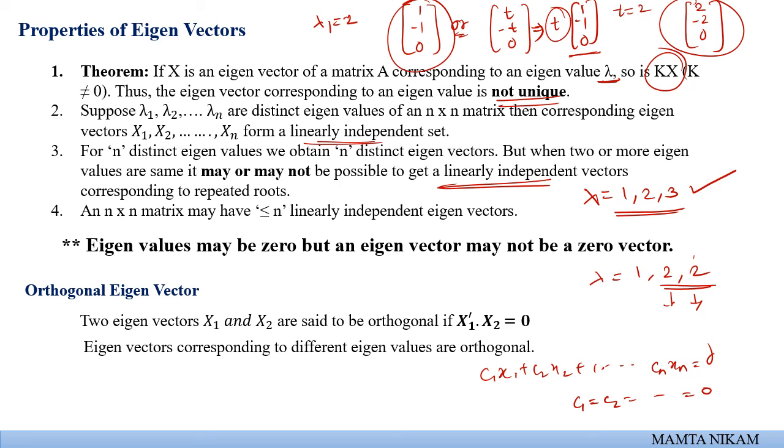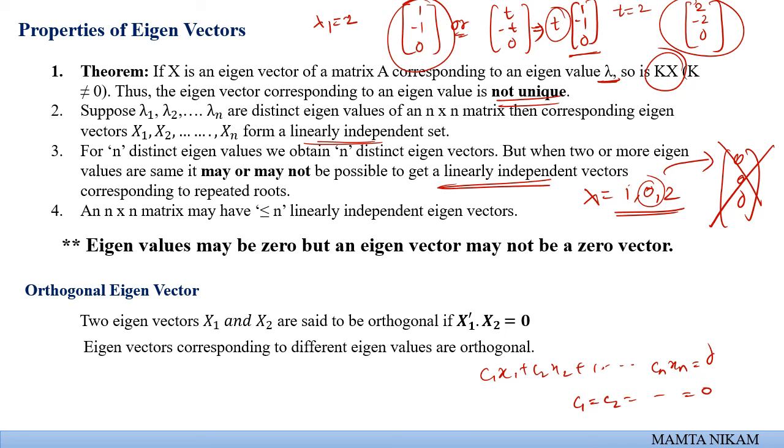Okay, main one of the property, remember, eigenvalue can be 0 but eigenvector may not be 0. मतलब एक आइगन वैल्यू तुम्हें अगर फाइंड आउट करोगे तो 1 0 2 ऐसे आइगन वैल्यूज मिल सकते हैं, बट 0 आइगन वैल्यू मिल गया इसका मतलब ये नहीं कि जो वेक्टर मिल रहा है वो आइगन वेक्टर 0 0 0 ऐसे मिलेगा, कभी नहीं मिलेगा. हमें इसके करस्पॉन्डिंग भी एक वेक्टर एज अ नॉन जीरो वेक्टर ही मिलेगा.